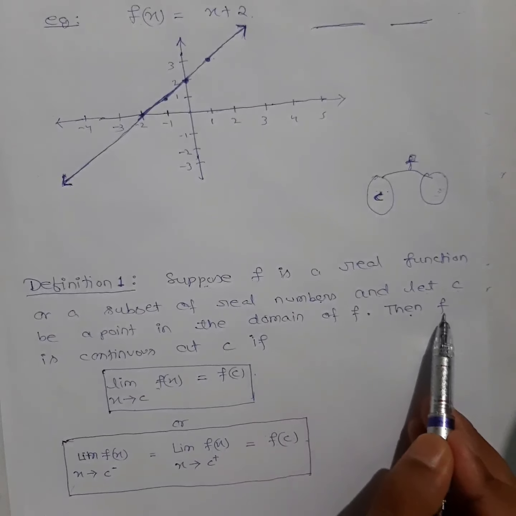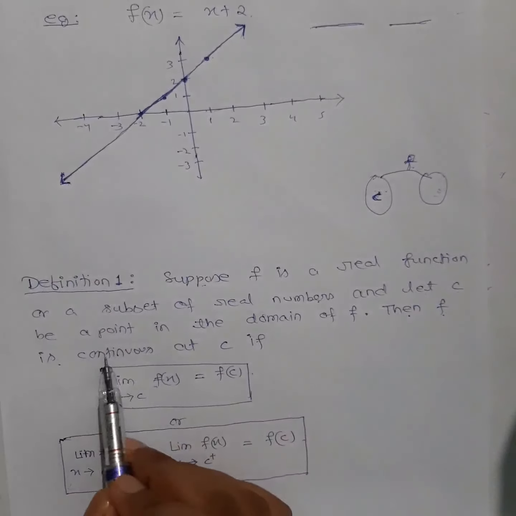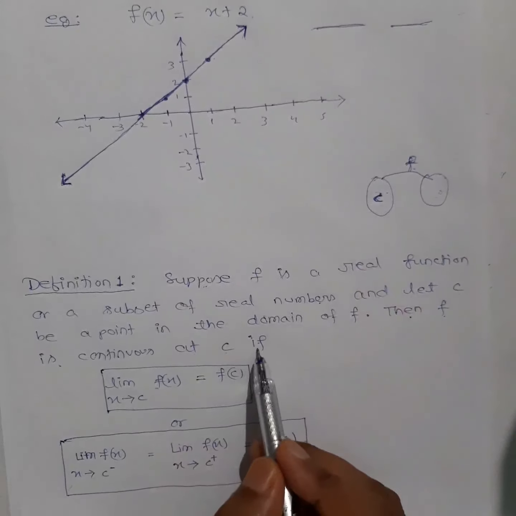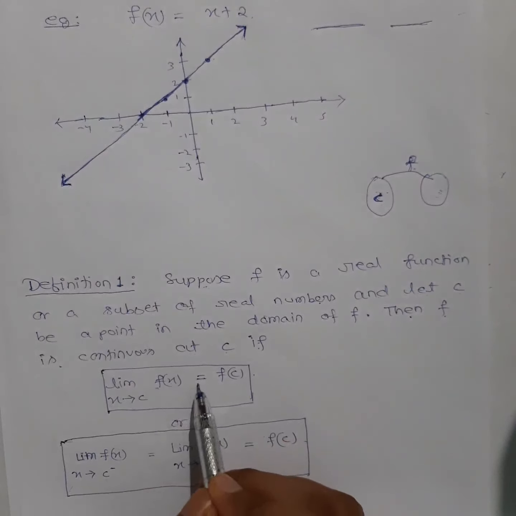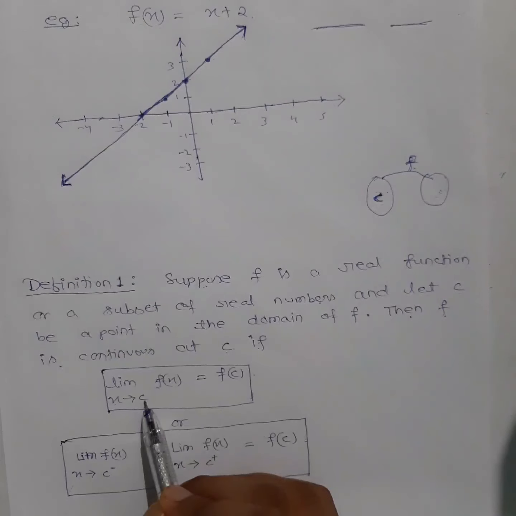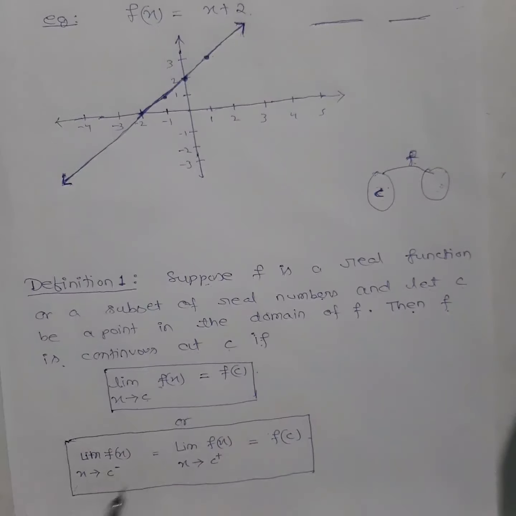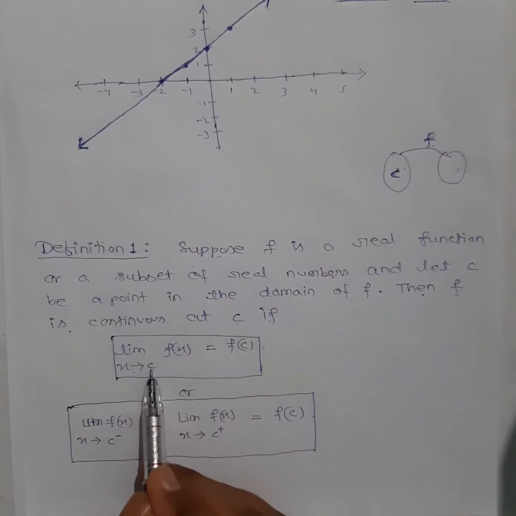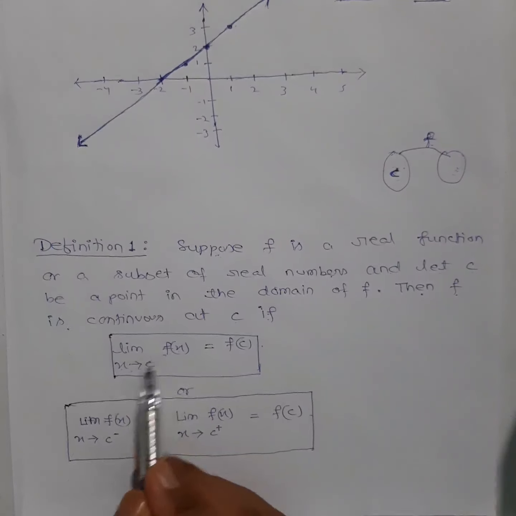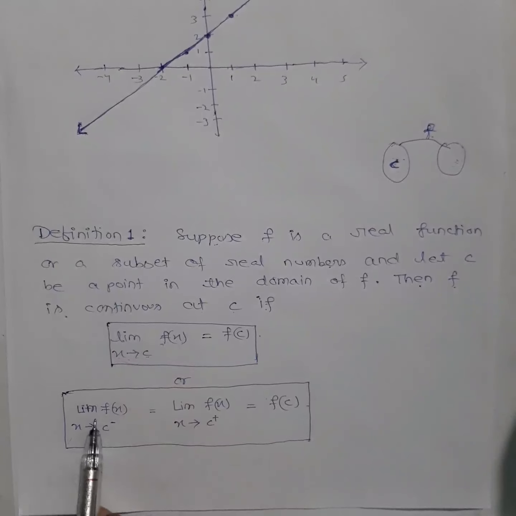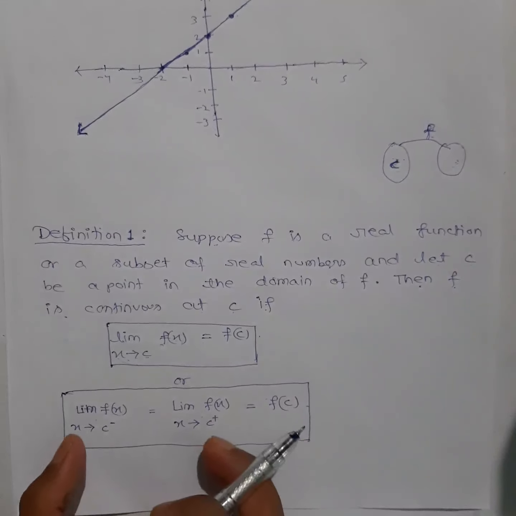Then this function is continuous at c if limit of f(x) equals f(c) when x tends to c. Now this I have already explained yesterday. This is nothing but the left hand limit and right hand limit. You can write this when your left hand limit and right hand limit are the same, equal.